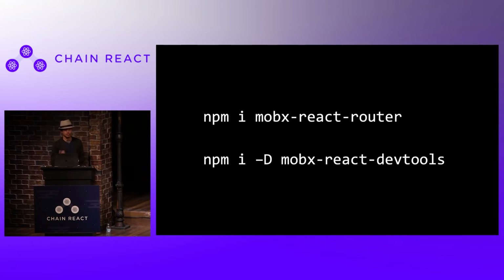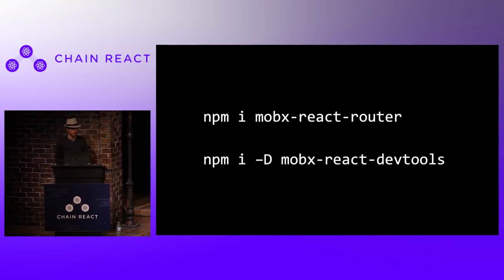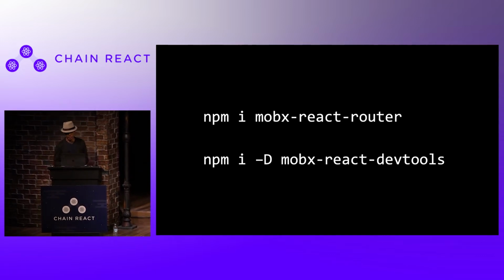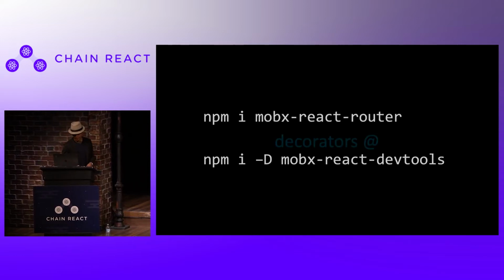Although when working on a React web app, you would also need to install these. mobx-react-router keeps your MobX state in sync with React Router via RouterStore. The other one is mobx-react-devtools, to track the rendering behavior and data dependencies of your app.